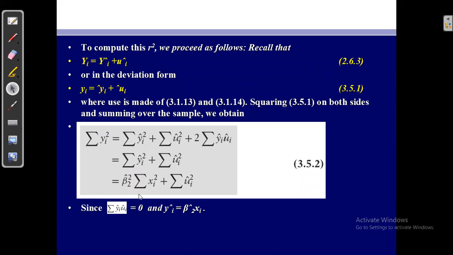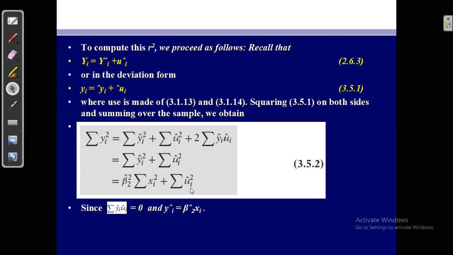As you can see here on the screen, although the derivation for the time being is not that important, we can show that this summation small yi square can be divided into these two parts.